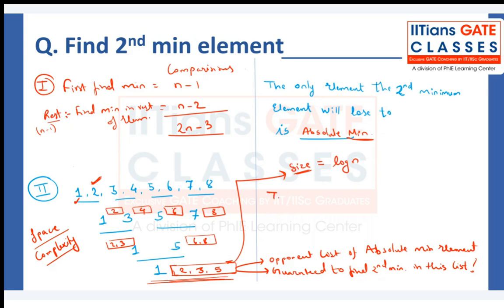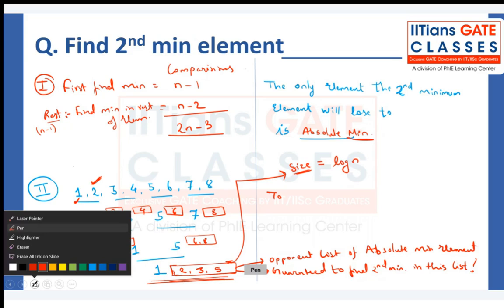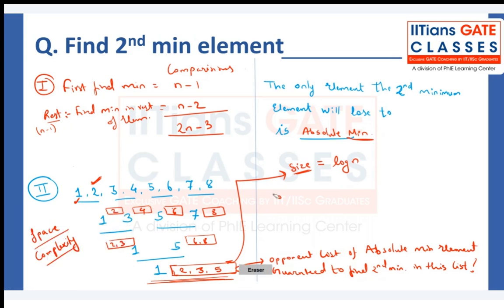So if I tell you, let me change my pen color to blue for this. If I ask you the total number of comparisons, how many total comparisons? So n by 2 we did for the first step, right? For the first step of the tournament method.